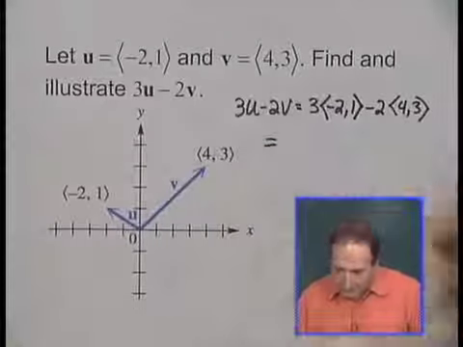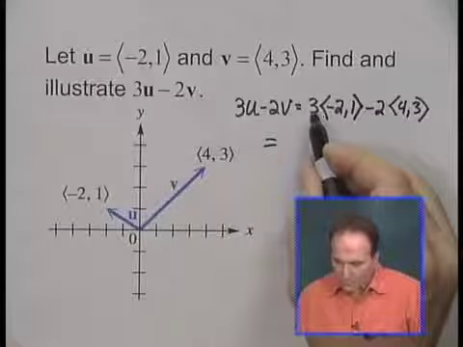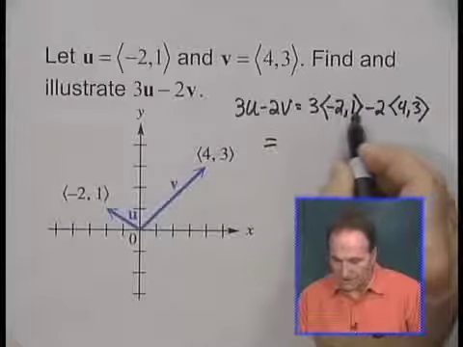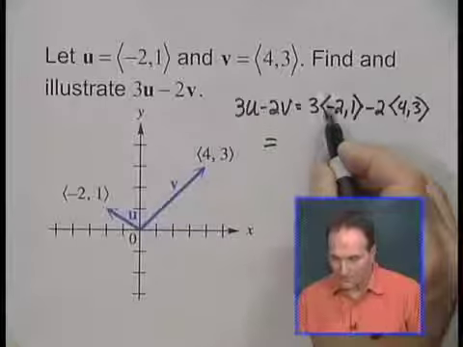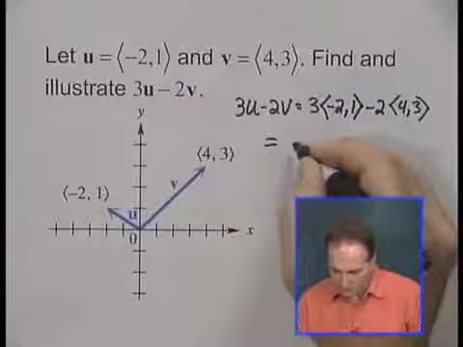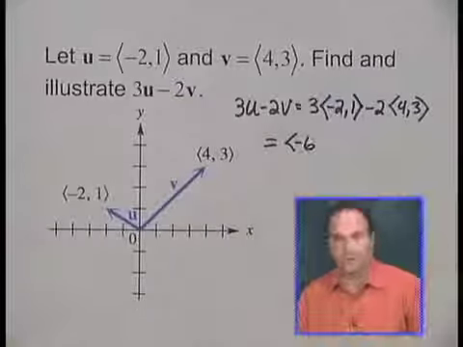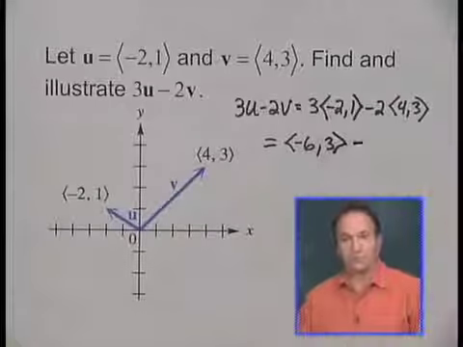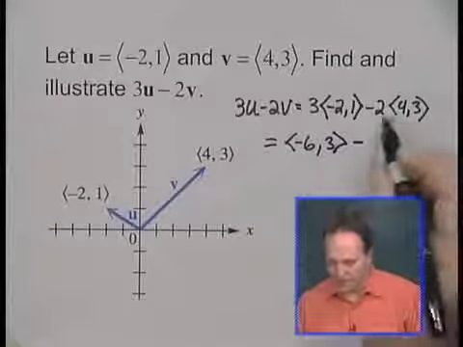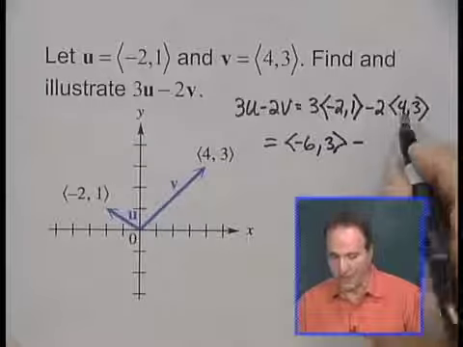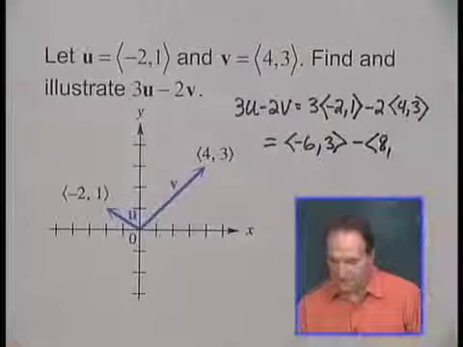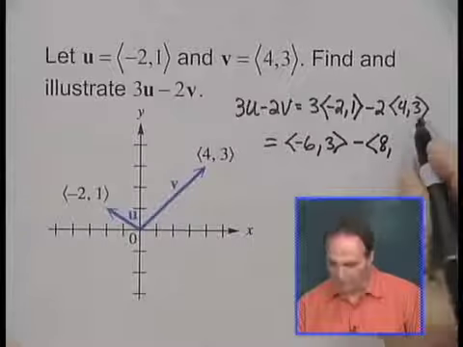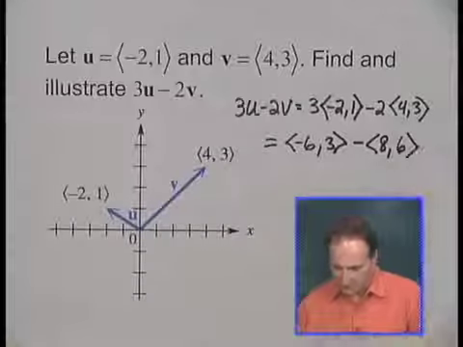So this would then be equal to, we multiply 3 to each of the components of the first vector. So 3 times negative 2 would be negative 6. 3 times 1 is 3. And then we subtract from that the vector that we get by multiplying 2 times the 4, which is 8, and 2 times the 3, which is 6.